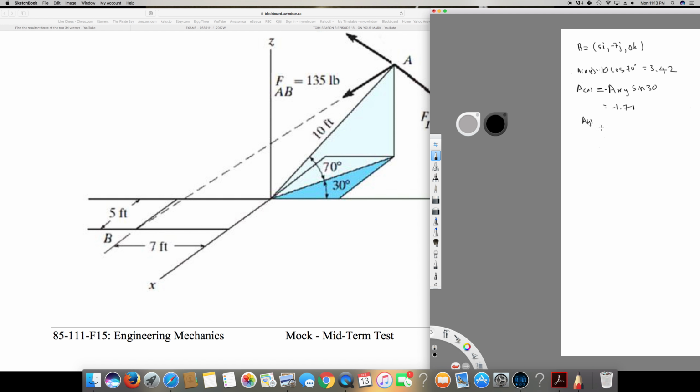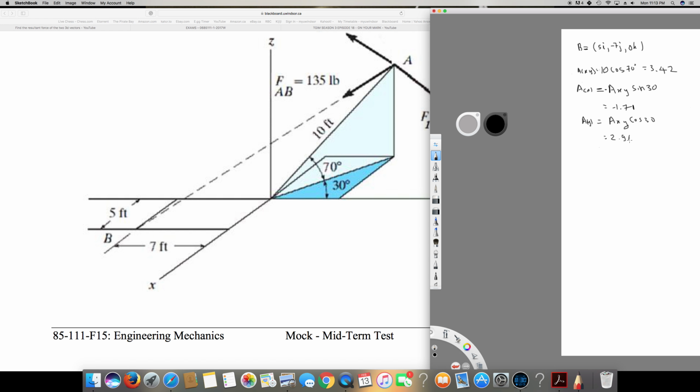This is AXY cos 30, 3.42 cos 30, which is equal to 2.96. 2.96 is my y value.